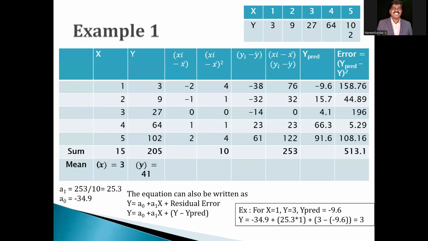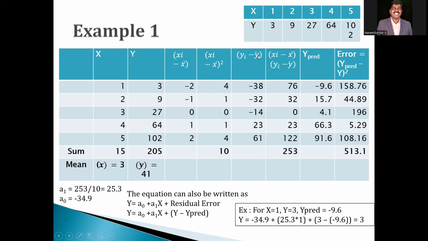So this is an example. When you look at it, you will easily understand: these are the x values, which will be stored in array format, and y will be in array format. Then we find the mean value of x and the mean value of y, that is y bar. Then we find x minus x bar and x minus x bar the whole square.